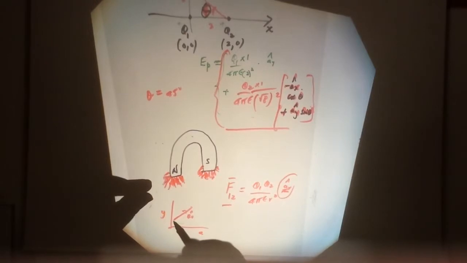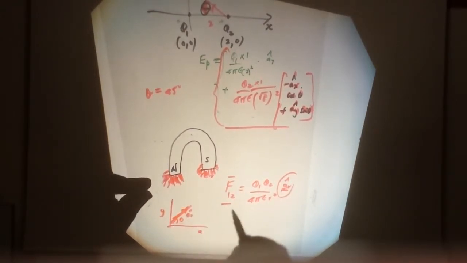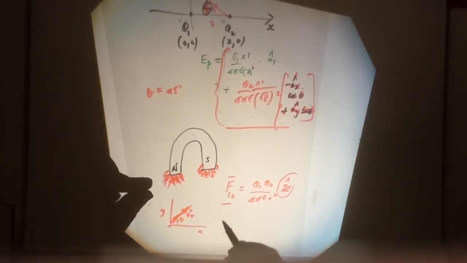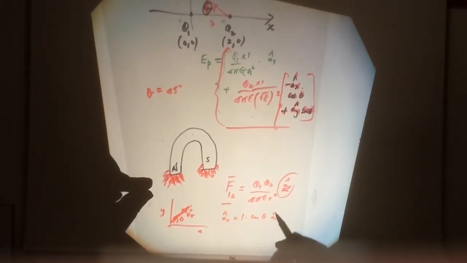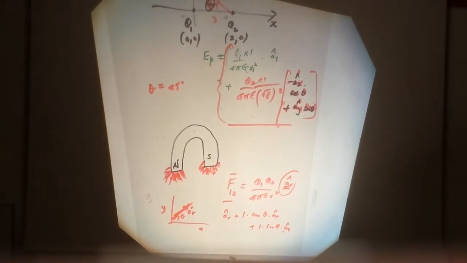So then go to theta here. So unit vector a_r is the same as 1 times cosine theta along a_x plus 1 times sin theta along a_y, for 2 XY, if I want to write it this way.